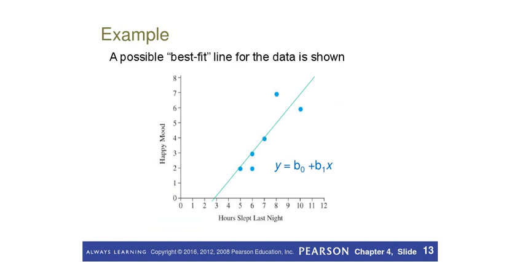How could we figure out what B0 and B1 were so that we could use them, within our data set, to predict what would happen if we got X number of hours of sleep? We could get Y as our mood and ask, what should our mood be if we get this many hours of sleep? That would be good to have, right? That's a numerical value we can find in our statistical data, which is kind of cool.